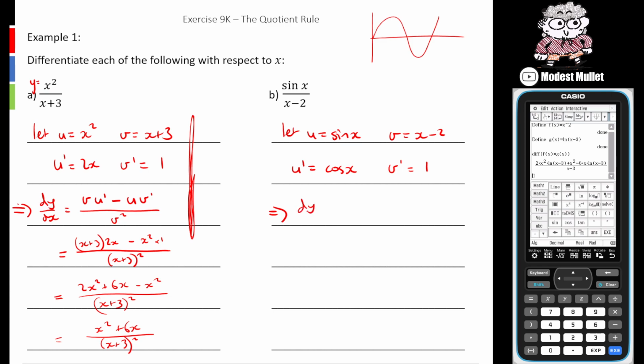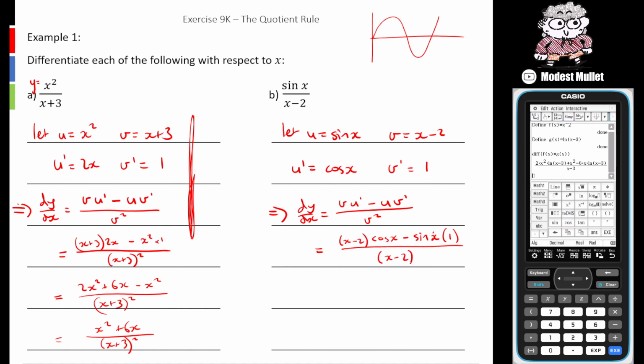So it follows on that dy dx is equal to v u dash, take away u v dash, all over v squared, which is equal to x minus 2 times cos x, take away u, which is sine x, times 1, all over v squared.